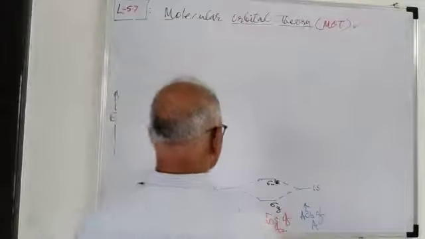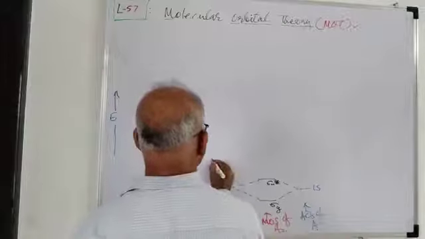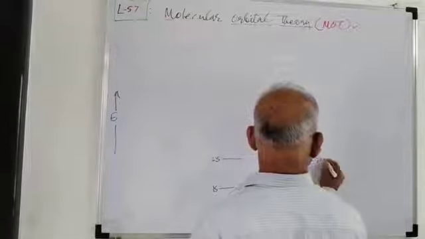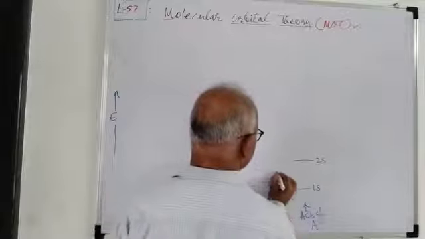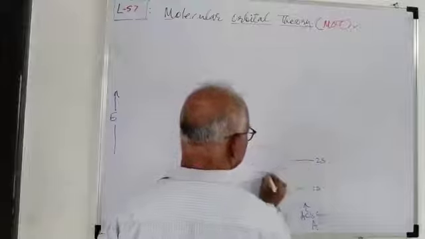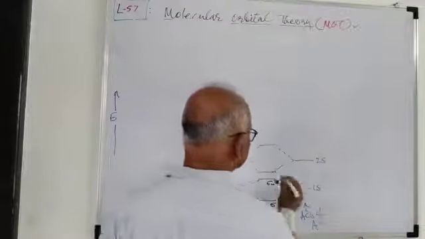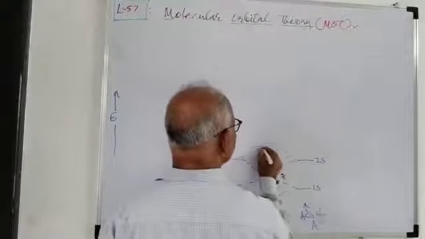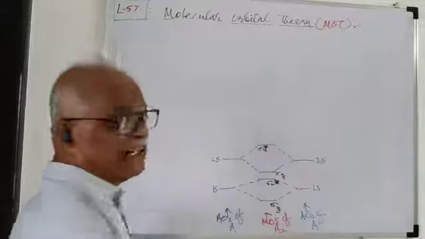Then we will have another, 2s orbital, which is higher in energy than 1s. This is the 2s of another atom. After linear combination they will produce one bonding molecular orbital, called sigma g, and this is sigma star u, the anti-bonding molecular orbital.